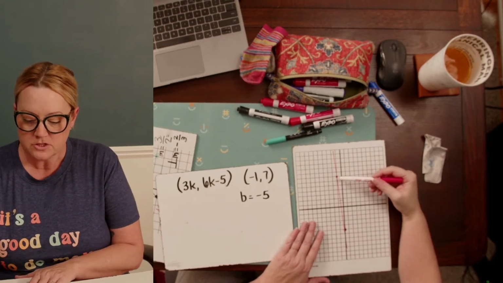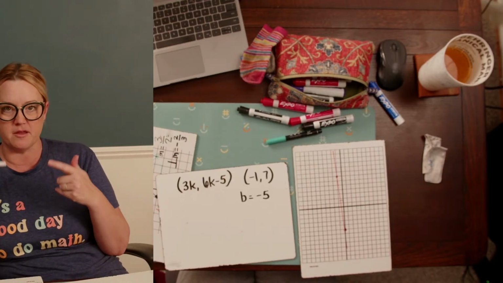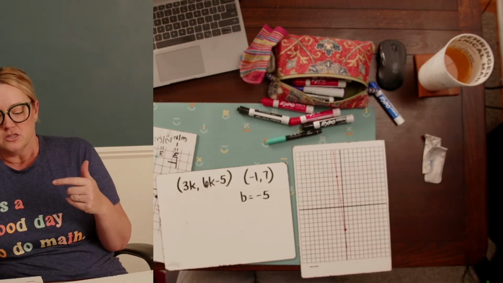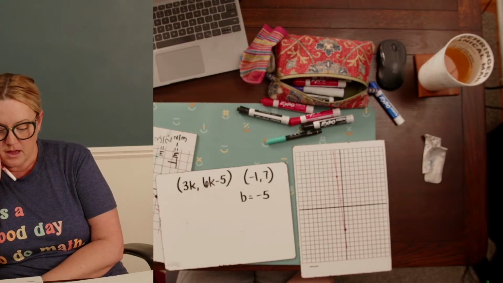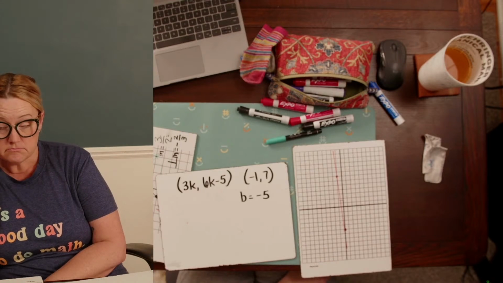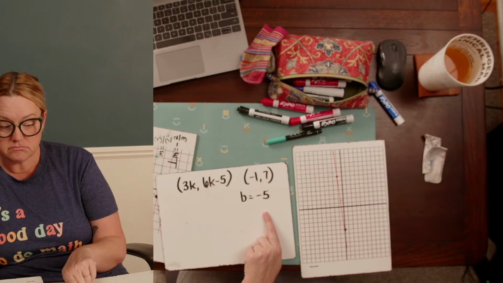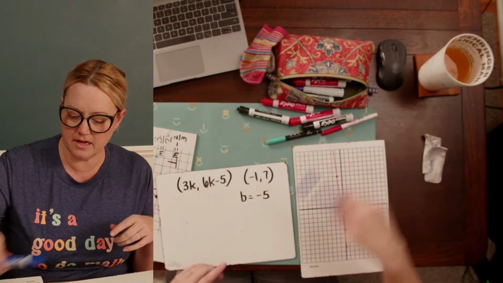Okay. So what we know about this, so let's start thinking about this, right? Slope-intercept form, I mean, I could put it into slope-intercept form, right? I know the slope, and I know the y-intercept. Let's see about slope-intercept form.